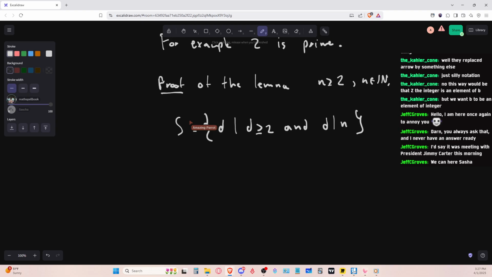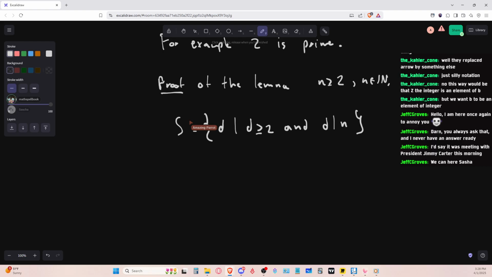Is that your question? Yeah. Well, if we have D as a divisor and D greater than or equal to 2, then practically there would have to be at least one element in there.